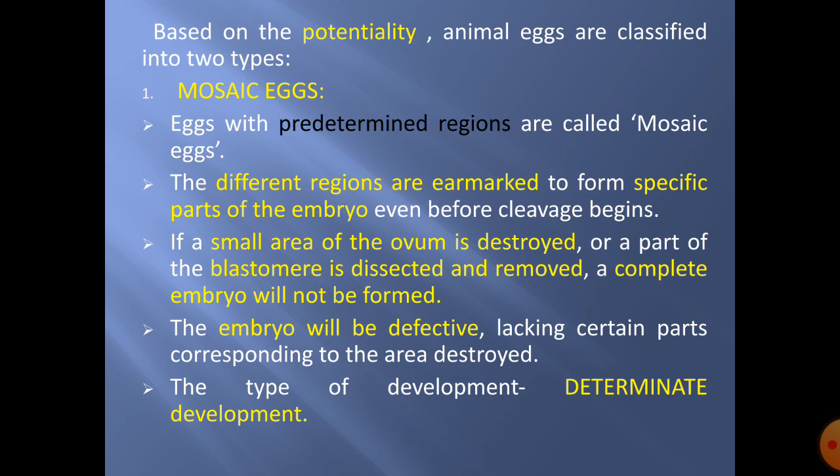This type of development is called determinate development, where the fate of each blastomere or each region on the egg is determined. Such eggs with predetermined regions are called mosaic eggs, and the type of development resulting from mosaic eggs is called determinate development.